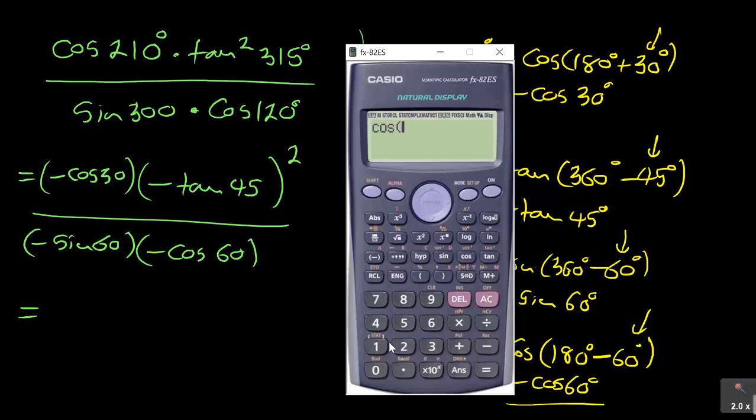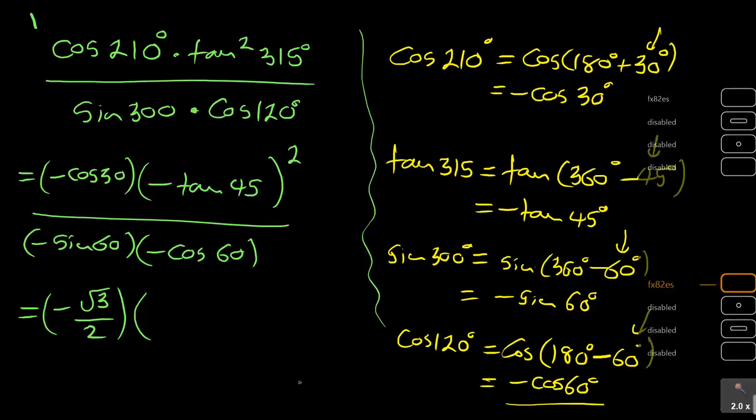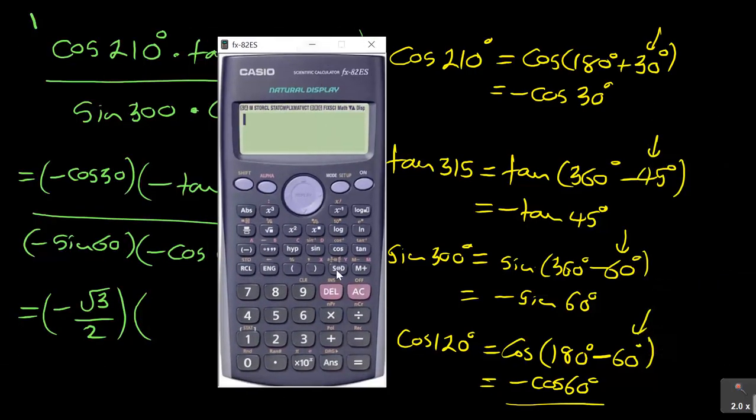So for cos 30, you see that is root 3 over 2, so you've got minus root 3 over 2, and then tan 45 here is equal to 1.